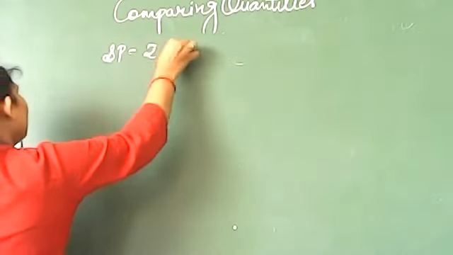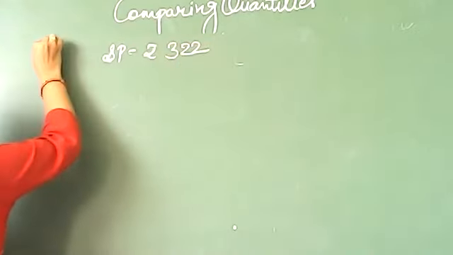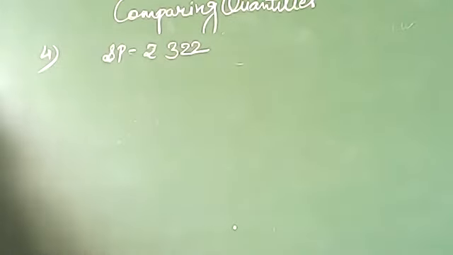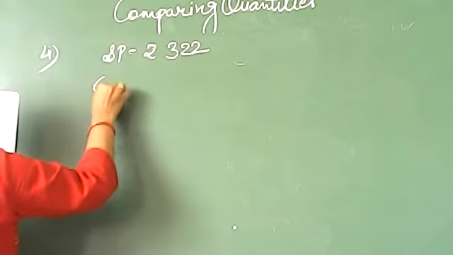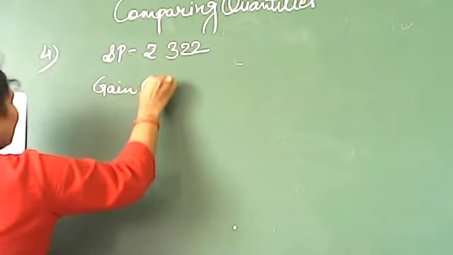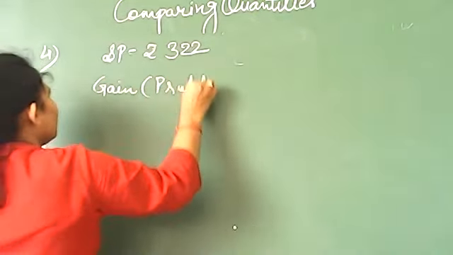SP is given here as 322 for question number 4, and gaining 1/6 of cost price. Gaining means gain. Gain means profit. So profit is given as 1/6 of cost price.